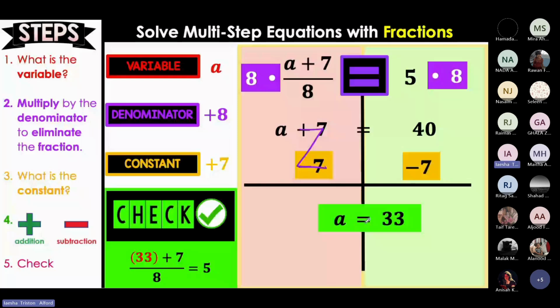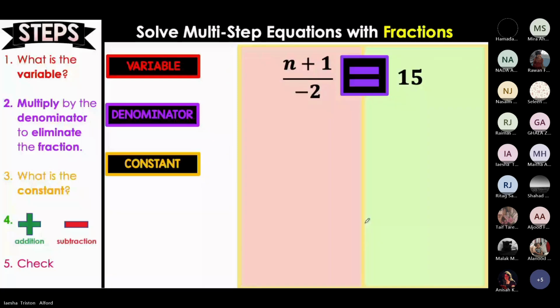One more here. What's your variable? N. Oh, that's not N, that's A. What's your denominator? -2. So this is n. What is your constant? Positive 1.